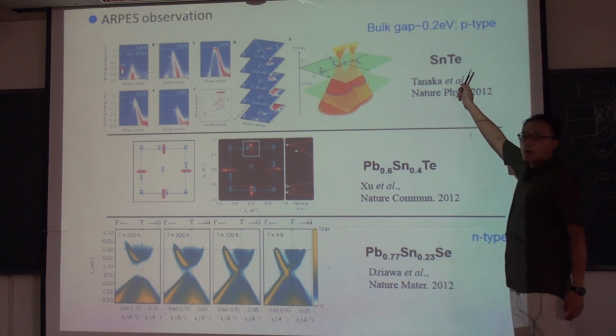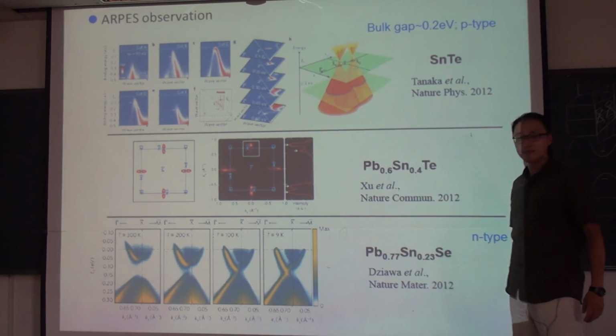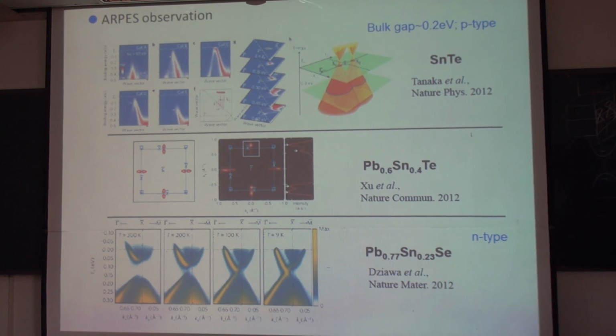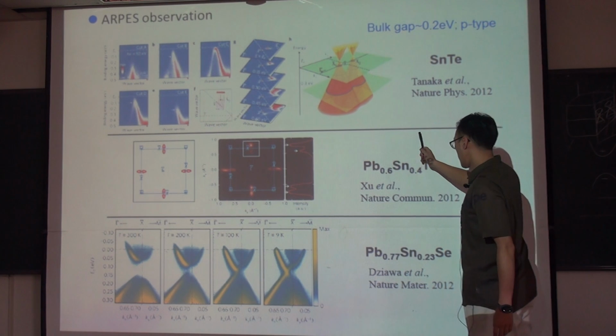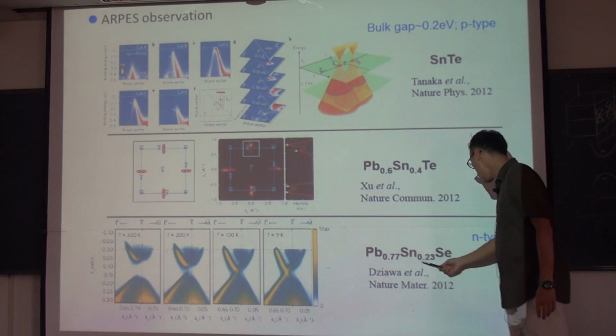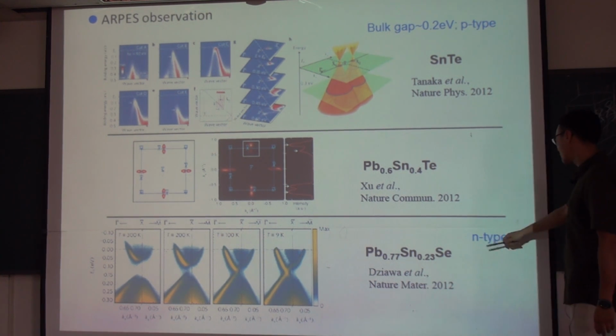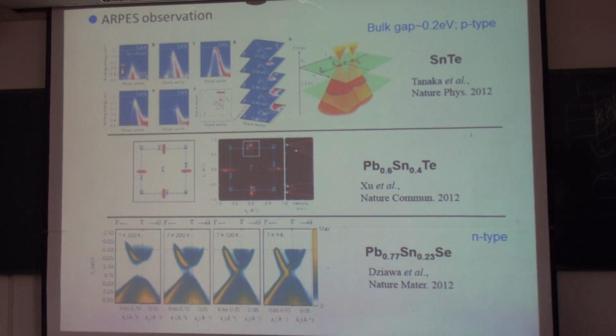So people want to improve this situation, then they can try to replace tin by some other element like lead. If you replace tin by lead, at a certain level, you can even tune the chemical potential to revert p-type to n-type.